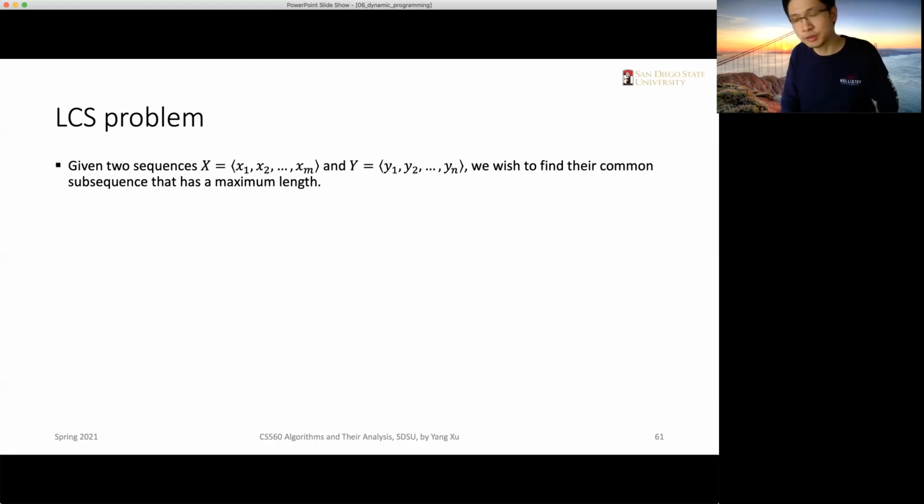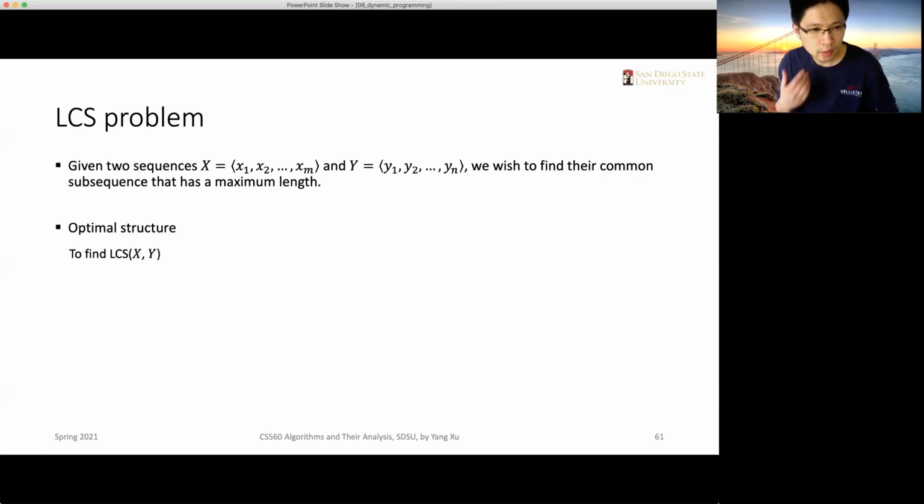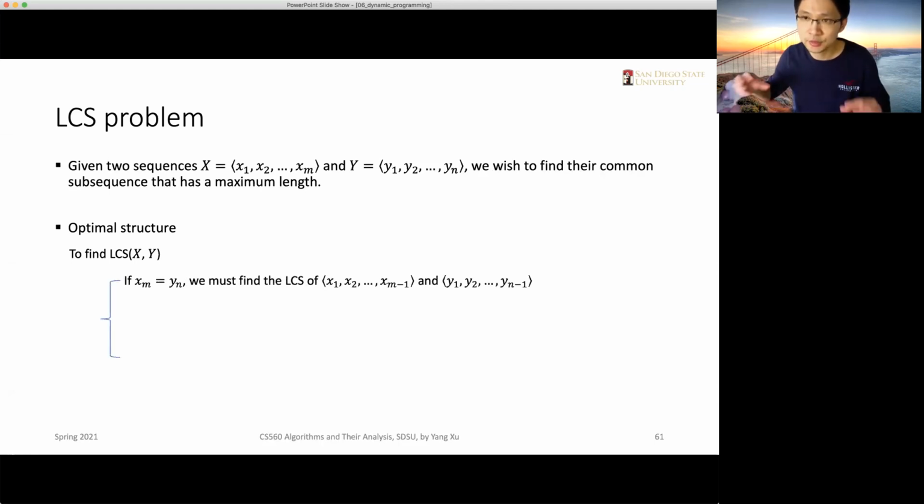Okay, how do we find such a common subsequence? Let's try to build the optimal substructure, which is that we want to find a smaller problem, or a subproblem, of the original problem. So in order to find the longest common subsequence between X and Y, we can basically align these two sequences.